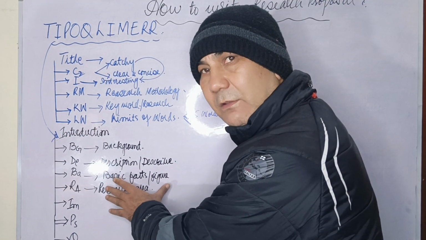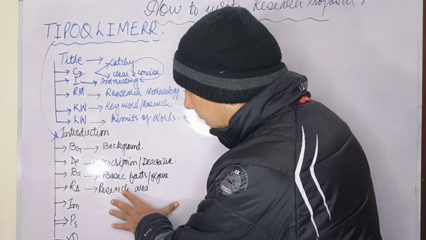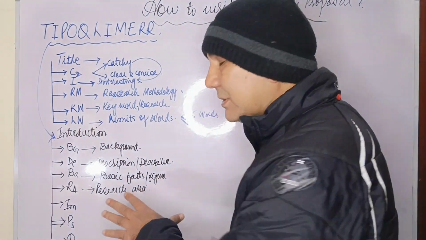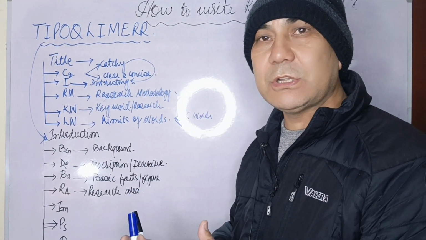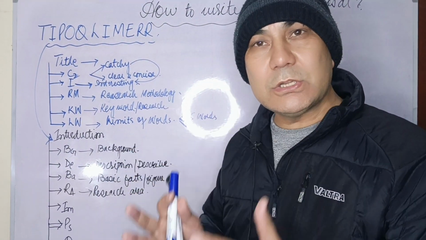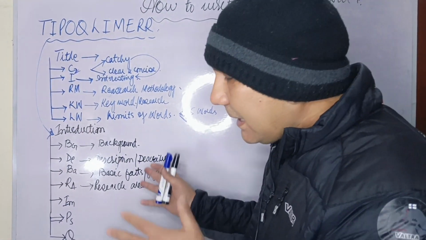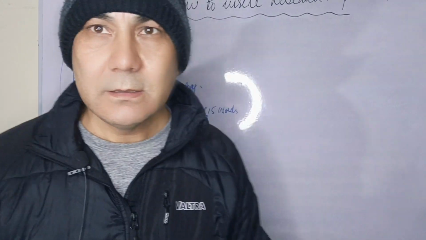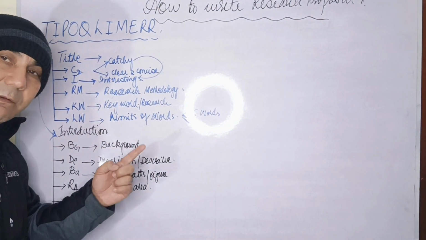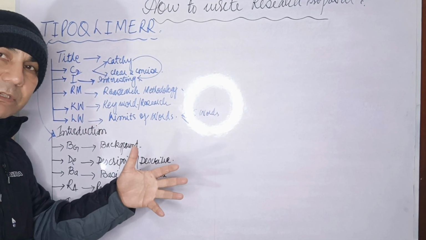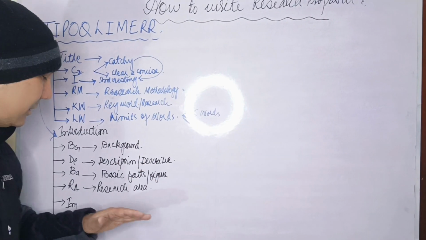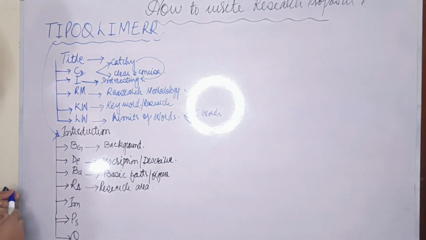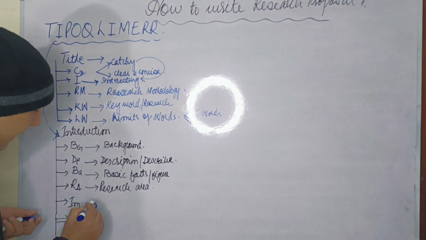Unsafe injection practices is part of public health, and the research topic is more precise: the unsafe injection practices which are done among medical practitioners, this is the research topic which is part of public health. Now the IM is important.